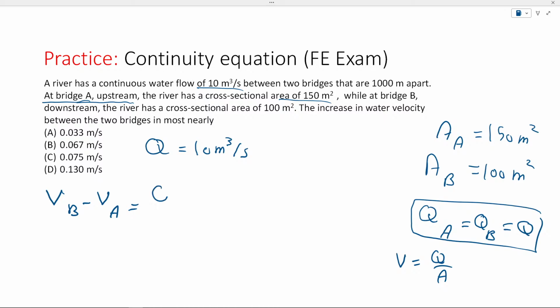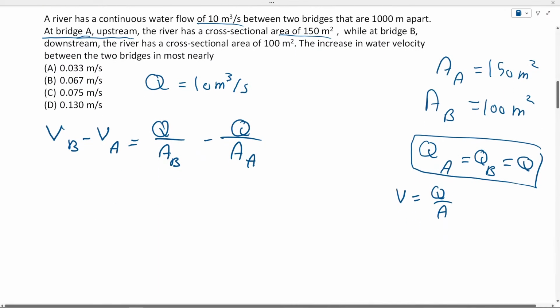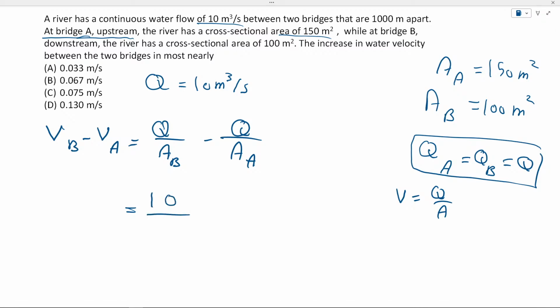So that would be Q over area of B minus Q over area of A. Yes, we can do this, because Q is given as 10 and the area of B is 100, minus Q, 10, over the area of A, 150. That's how you get the increase in velocity.